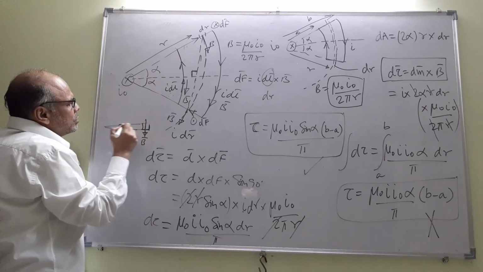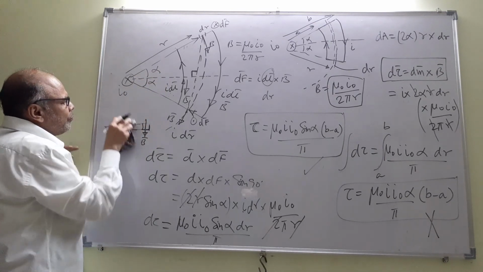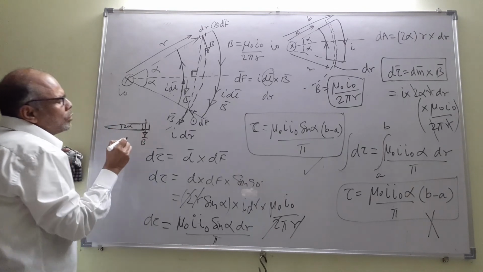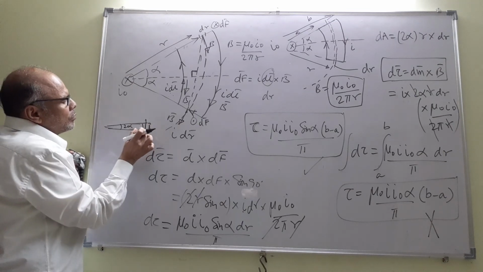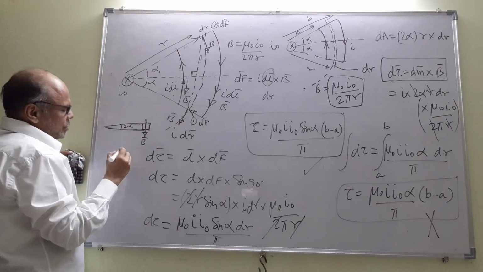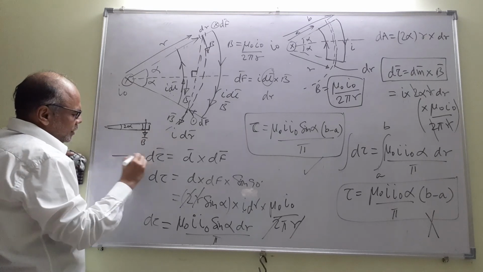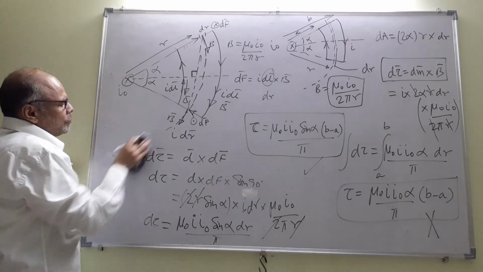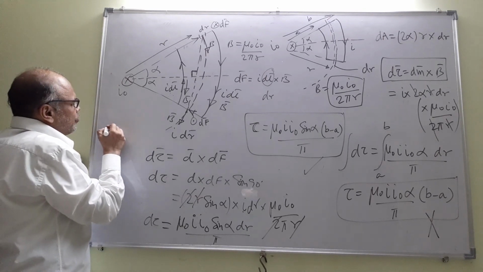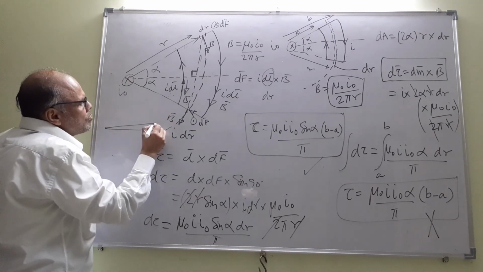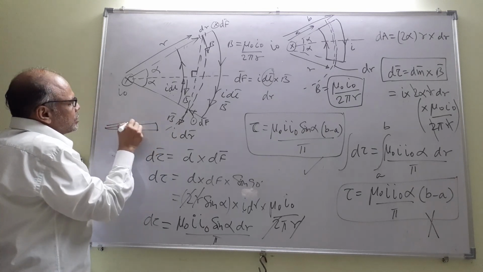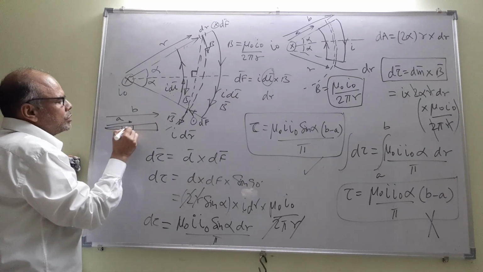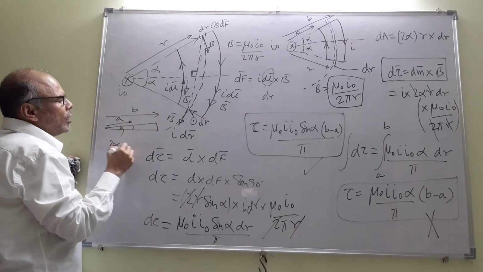If 2 alpha is very small, you would have the two sectors to be very small, like that. Let me redraw that. A and B doesn't change, so you have the same thing, but this is A, this is B, and this angle is 2 alpha.